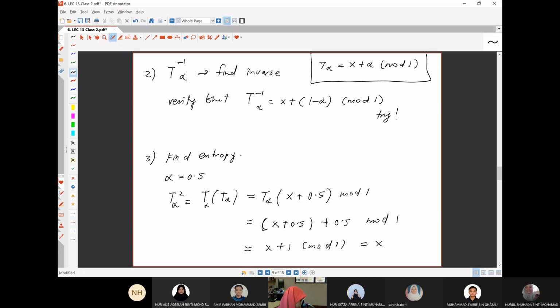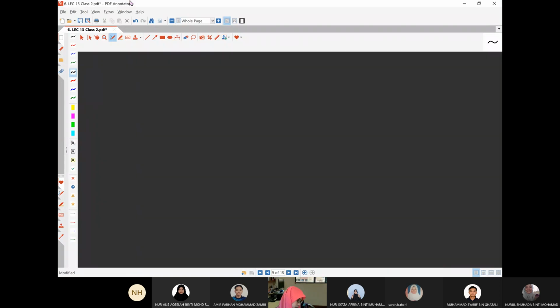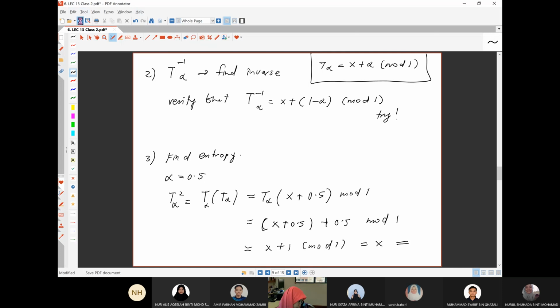So what can you infer from this transformation? T square alpha of x gives x. This is the identity. That means it is periodic. This is periodic.